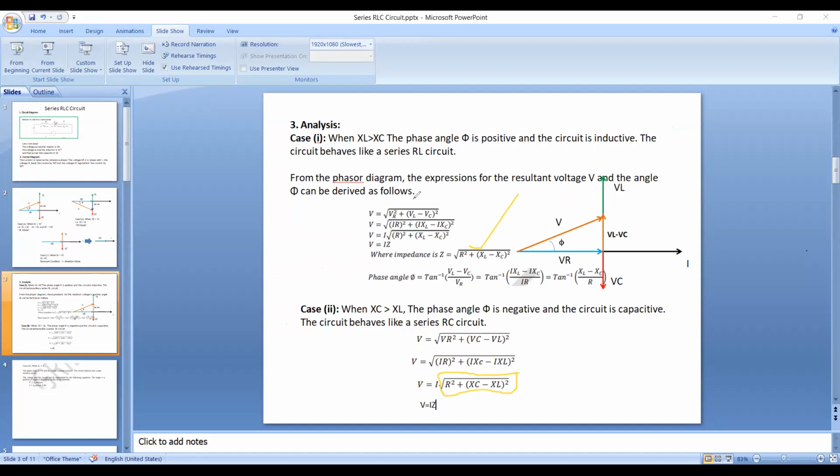The only difference is that in case 1 we have XL minus XC the whole square, and in case 2 we have XC minus XL the whole square, simply because XC is greater than XL. So that's about the impedance.